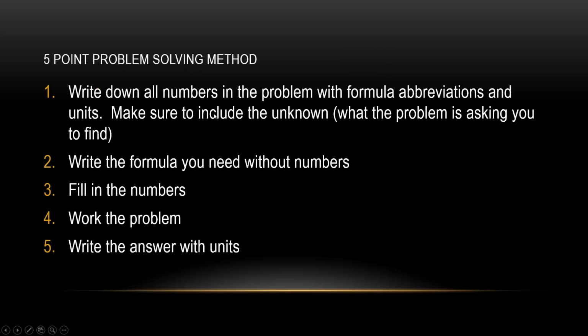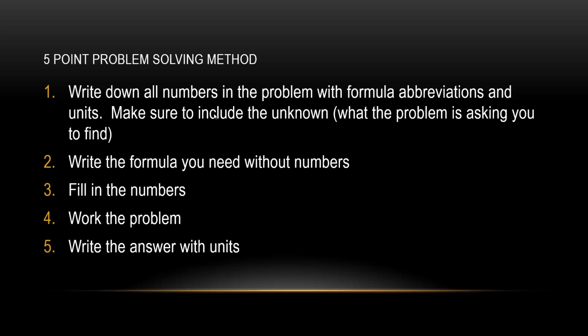Now, here's the other main point that you will be using for the remainder of this semester. Not just this particular unit, but this semester. So commit these steps to memory. All 5 are vital. This is how we are going to grade your math problems going forward. Okay? There are 5 possible points for each math problem we do.